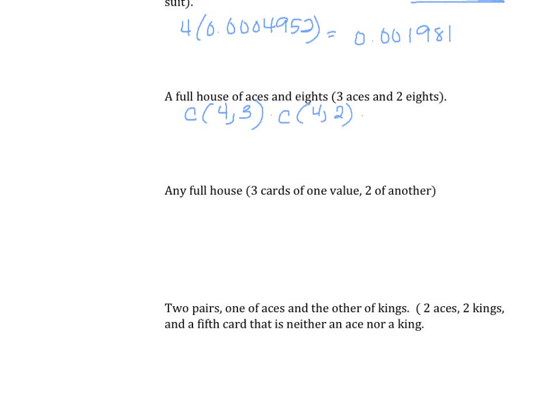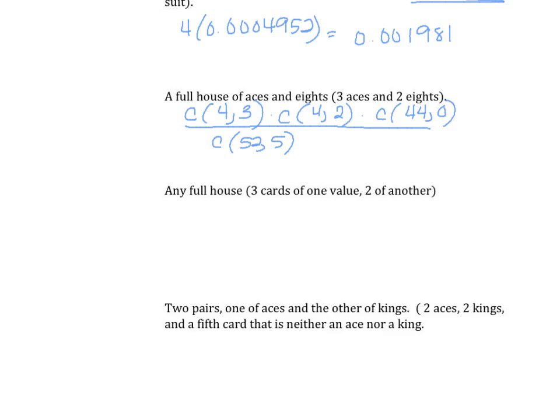So if I've already used 4 of my options, I have 44 left that I want to choose no cards from, because I want them all to be aces and eights. And of course we're going to divide this all by 52 choose 5, which we already know what that is.